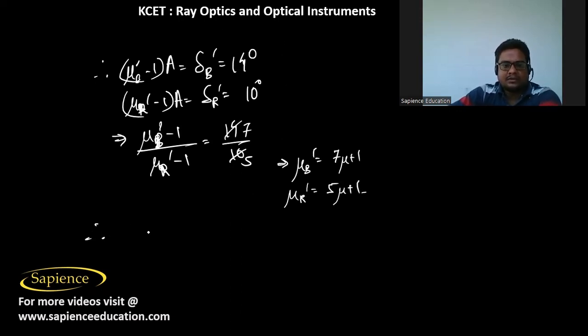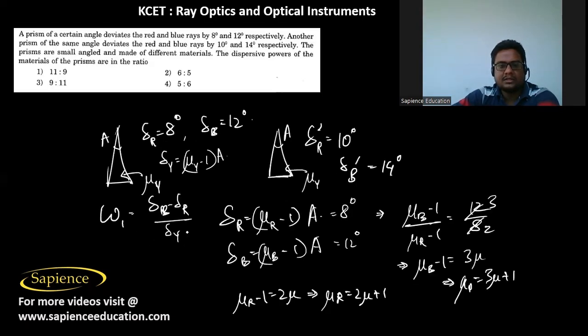Now we have to find omega 1 by omega 2, the dispersive power of the first prism by that of the second prism, which is delta b dash minus delta r dash by delta y dash minus 1.